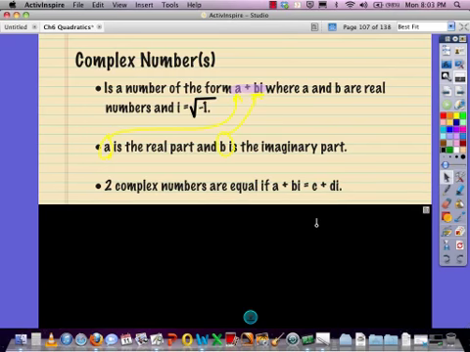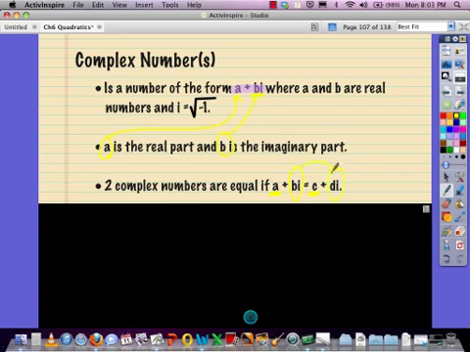Two complex numbers are equal if a plus bi equals c plus di, which really means that the real part a has to be equivalent to the real part c, and the imaginary part bi must be equivalent to di.